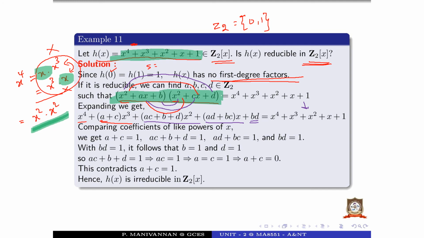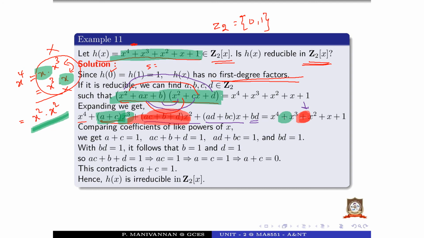Comparing, we get a plus c equal to, this is the x cubed term, so plus 1. Then the x squared term is AC plus BD, here 1. So AC plus BD equal to 1.